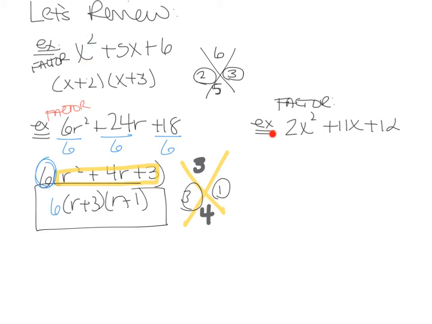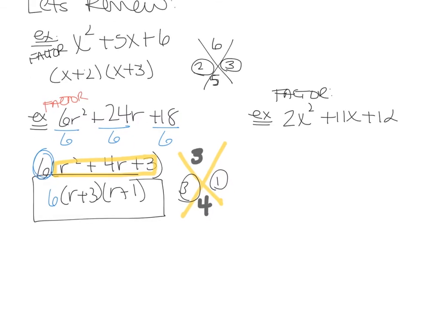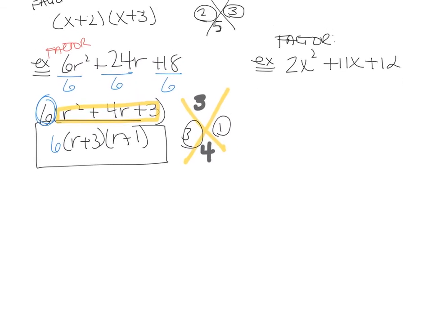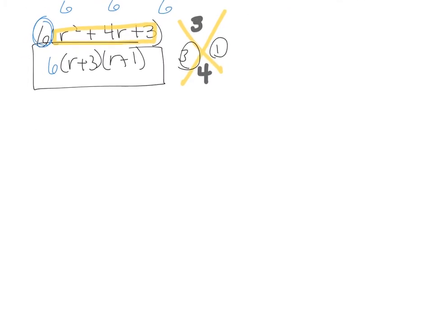Notice in this equation, I have a number in front of my variable that's greater than 1. So that's my goal for today: how do I factor when I don't have a GCF and I have a number bigger than 1 as the x squared coefficient? So that's the big question for the day.